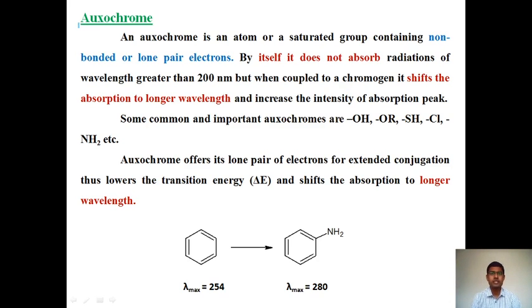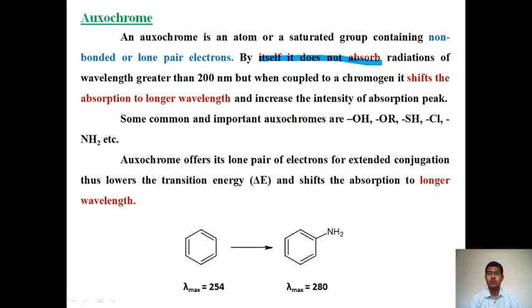An auxochrome is an atom or saturated group containing non-bonded or lone pair of electrons. What is an auxochrome? It is an atom or saturated group. There is no unsaturation in this, containing non-bonded or lone pair of electrons. By itself, it does not absorb radiation greater than 200 nanometer wavelength.